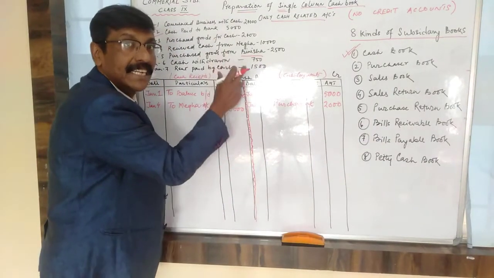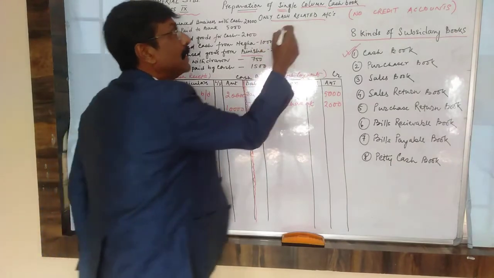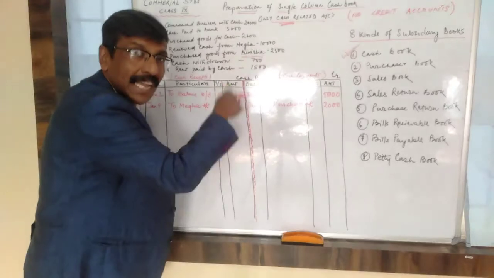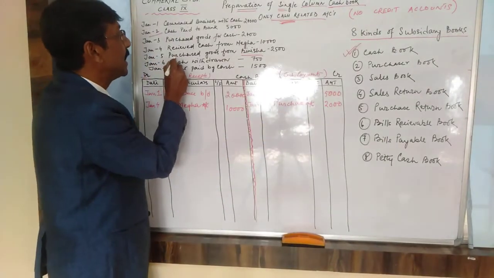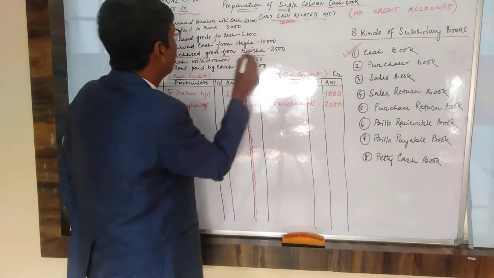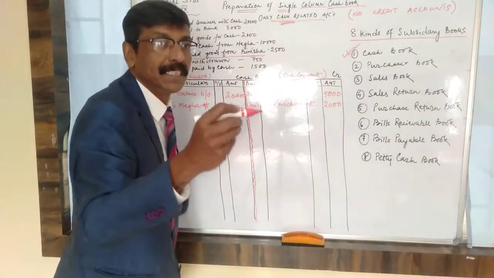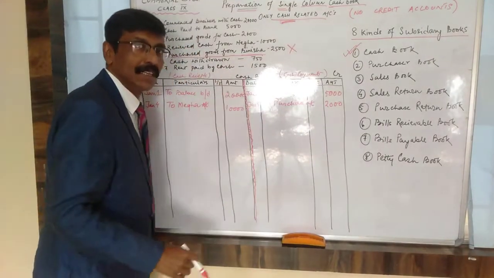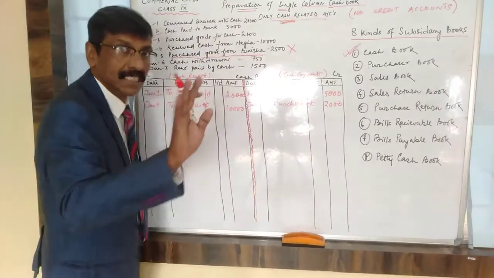And any credit transaction, as I told you, will not come in the cash book because it is only cash related. We will only do cash entries. We will not do any credit entries. So when you see entries like purchase goods from Ram, sold goods to Ram, that means it is a credit entry. We will not enter this in the cash book. Only cash related entries we will enter in the cash book.